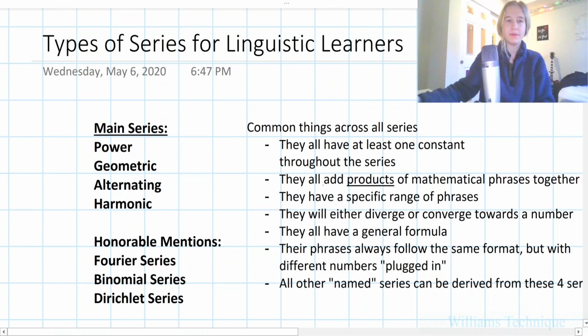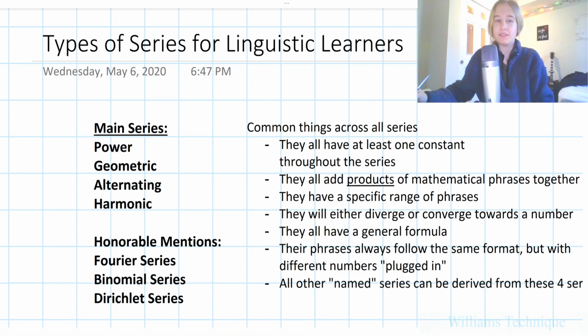So, today we'll be going over types of series for linguistic learners. The main types of series are the power, geometric, alternating, and harmonic. There's also the arithmetic series, Fourier series, binomial series, Dirichlet series.